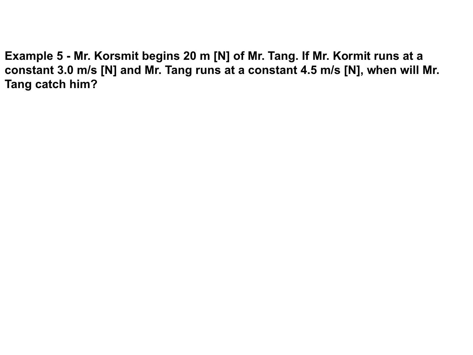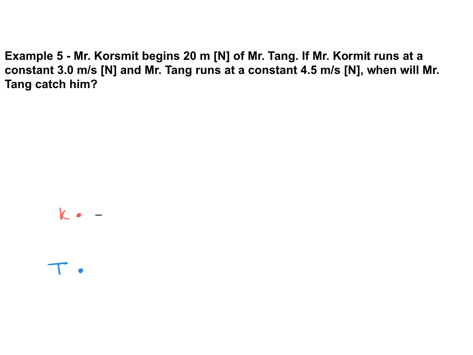Okay. So a classic problem in physics involves two objects. One of them is chasing the other. When are they going to meet each other? So I'll draw a picture of the situation here. Mr. Tang can be right here. And then I'll have Mr. Korsmit start 20 meters ahead of me.